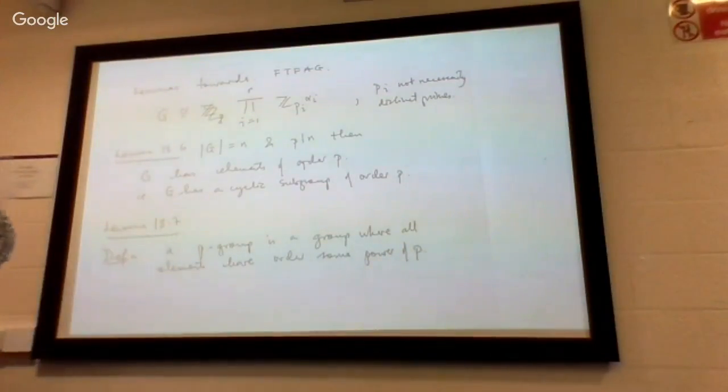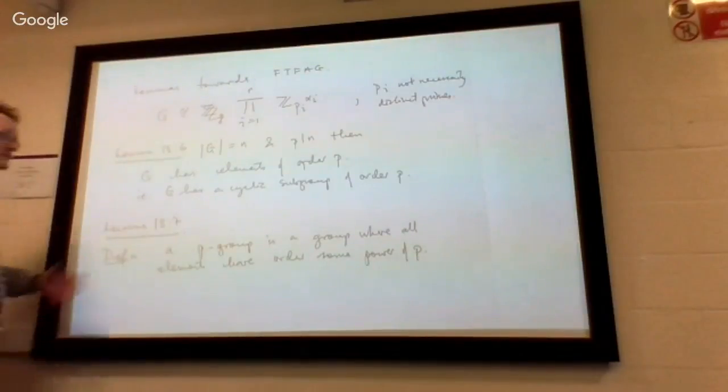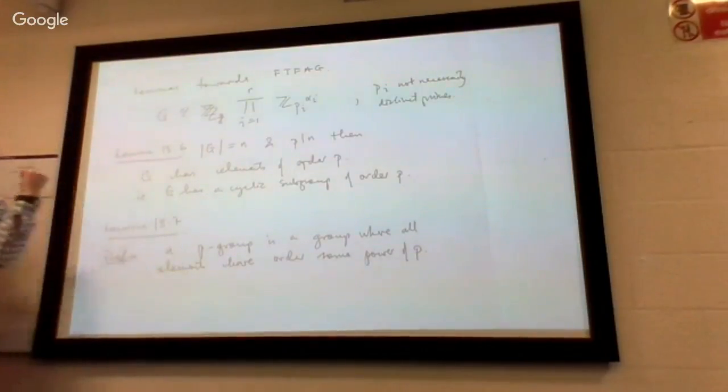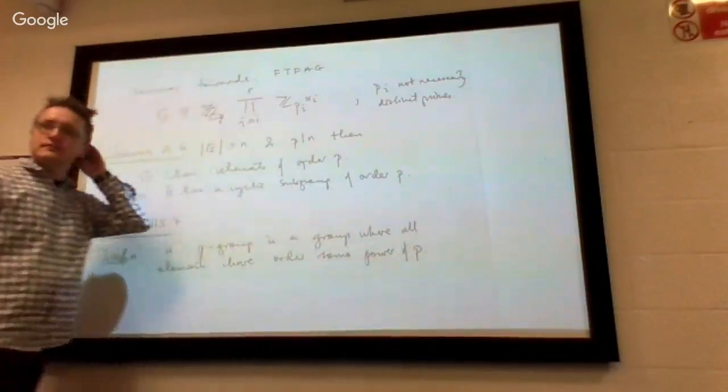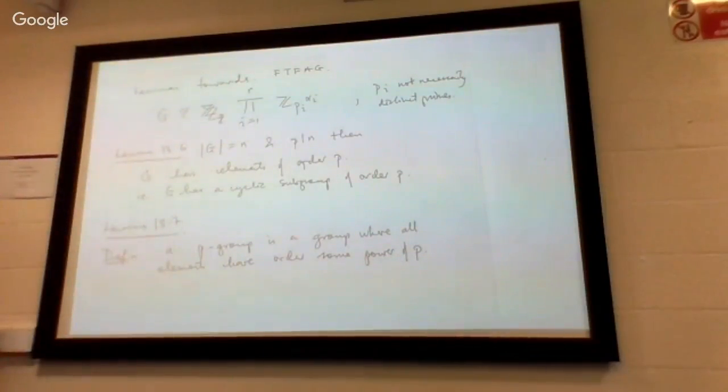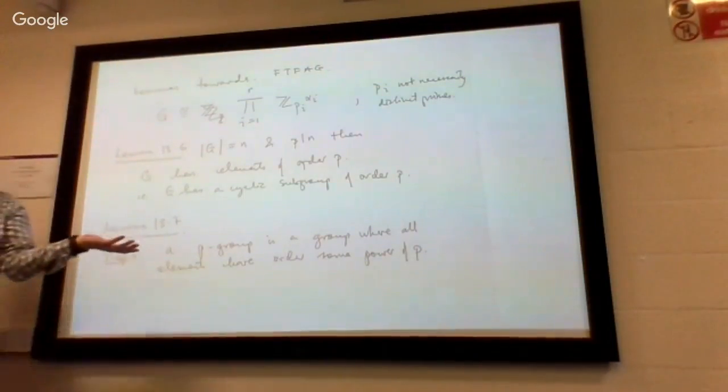That's satisfied for the identity. The identity is order 1, but of course 1 is always equal to p to the 0. So a p-group is a special kind of group. Pick any element, its order is some power of p.